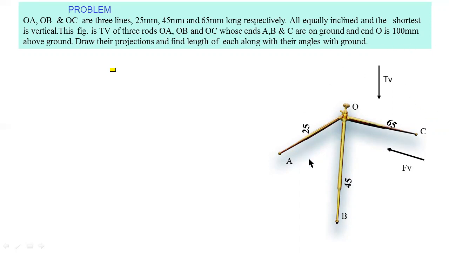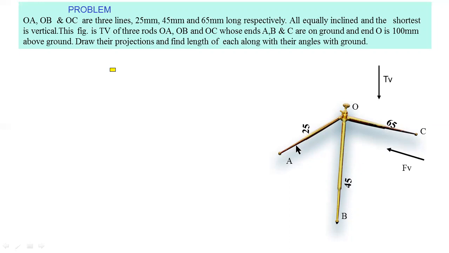Here this is the top view. So these lengths 25 mm, 45 mm, and 65 mm are top view lengths. These three are not the real lengths. These 25 mm, 65 mm, 45 mm lengths are reduced lengths.